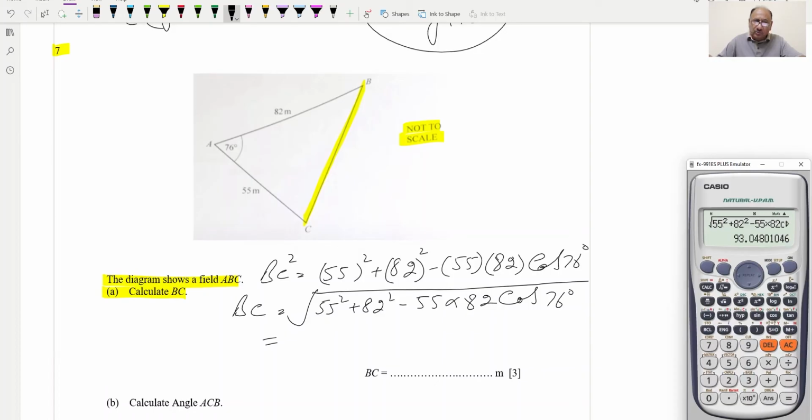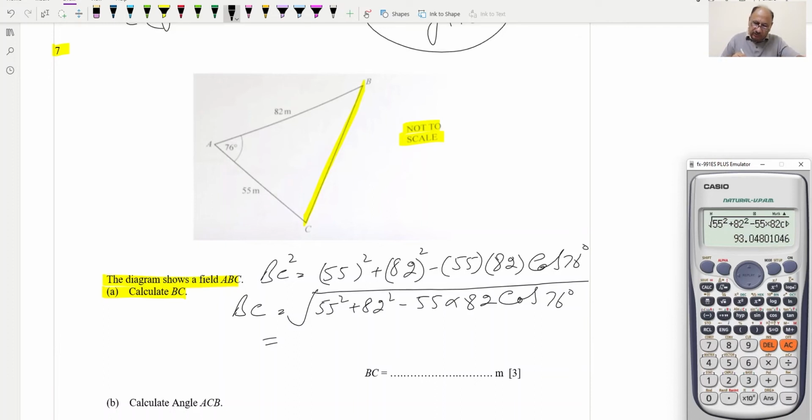This is equal to 93.82. Calculating 55 squared plus 82 squared minus 55 into 82 and cos of 76, in degree mode, this is giving us 93 point.